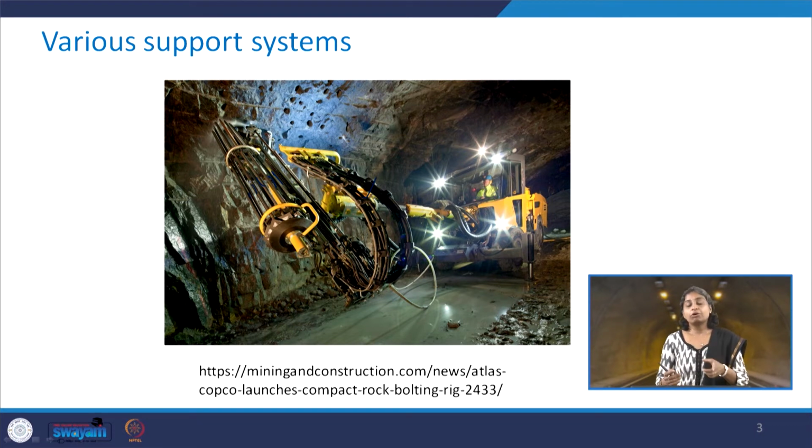Basically, what a rock bolt does is that it stitches the rock mass wherever there is a failure zone, and there are various types of rock bolts available. What exactly is their mechanism to resist the deformation or to stabilize the rock mass surrounding the excavation? All these things we will learn a little later. For the time being, you should know what I mean by shotcreting, what I mean by provision of steel sets, and what I mean by provision of rock bolts.